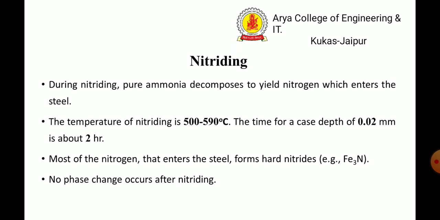It is mainly used for aircraft engine parts such as cams, steam valves, shafts and piston rods, etc. And no phase change occurs after nitriding. This is the limitation of nitriding.